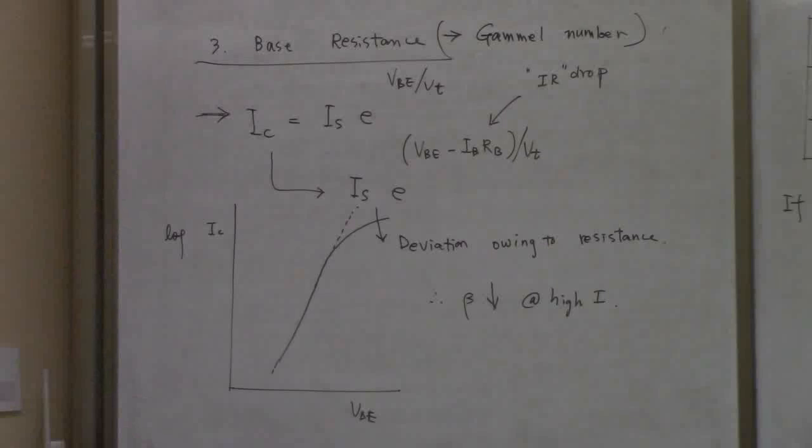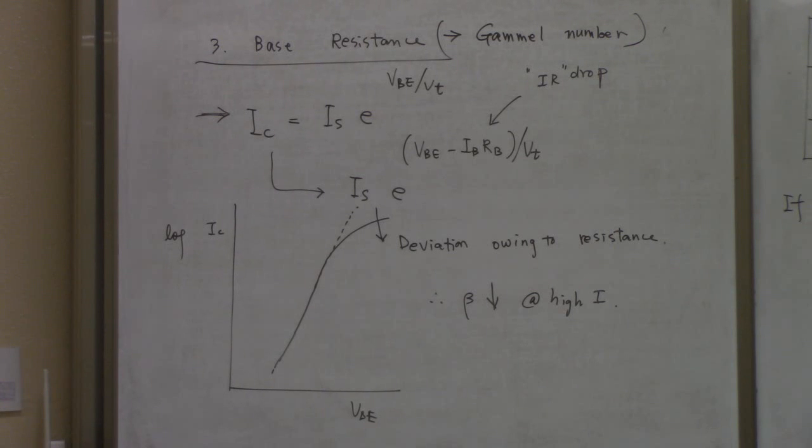In practice, this base resistance and the Kirk effect, the widening of the collector space charge region by the high current, those two factors affect the device. Those two effects are dominant on the device functions.